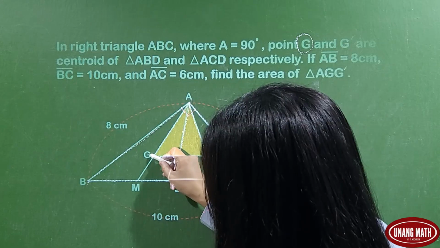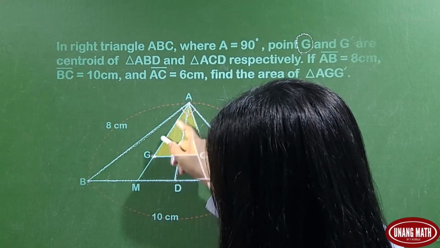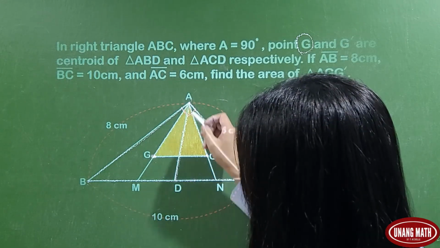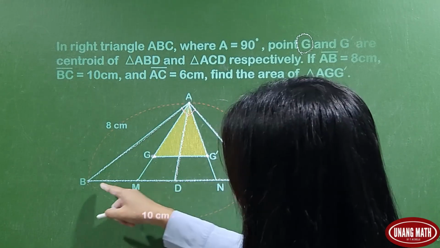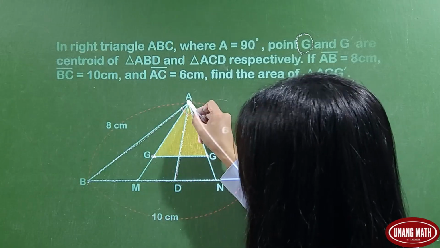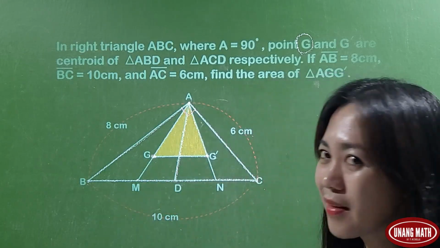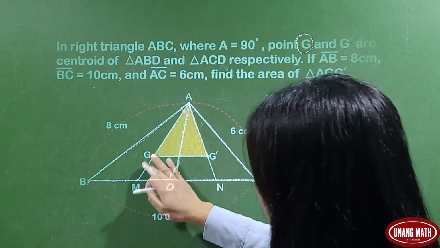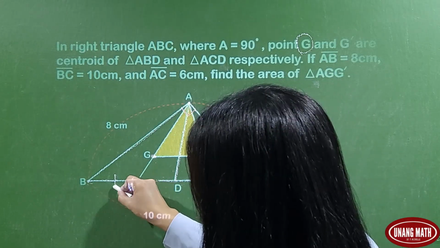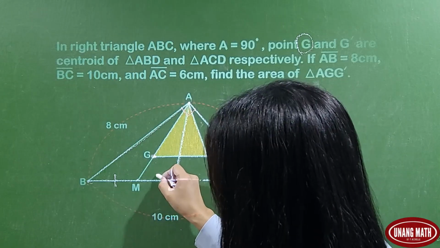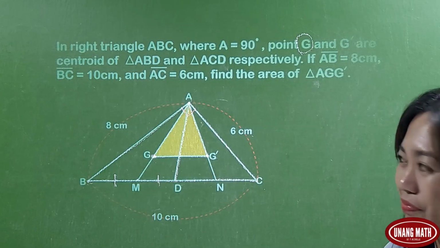Since point G is the centroid for triangle ABD, from this vertex to this midpoint of segment BD, segment AM is a median for this triangle. So, segment BM is equal to segment DM.